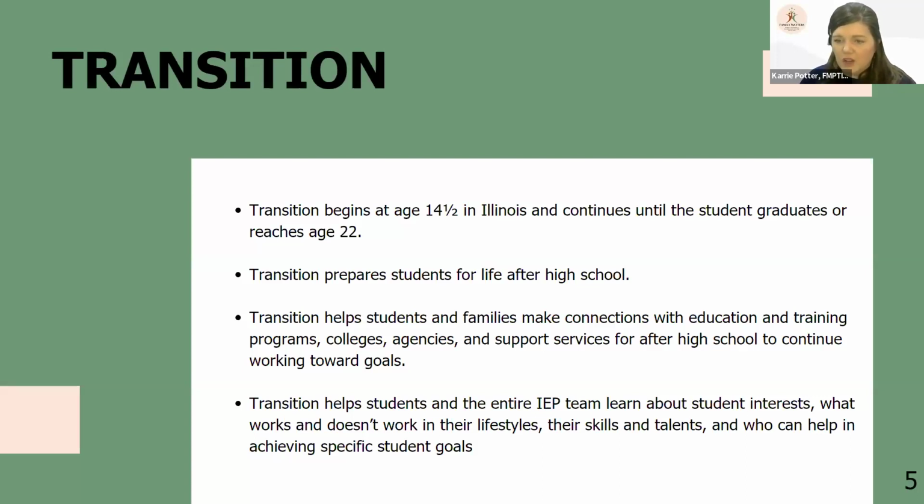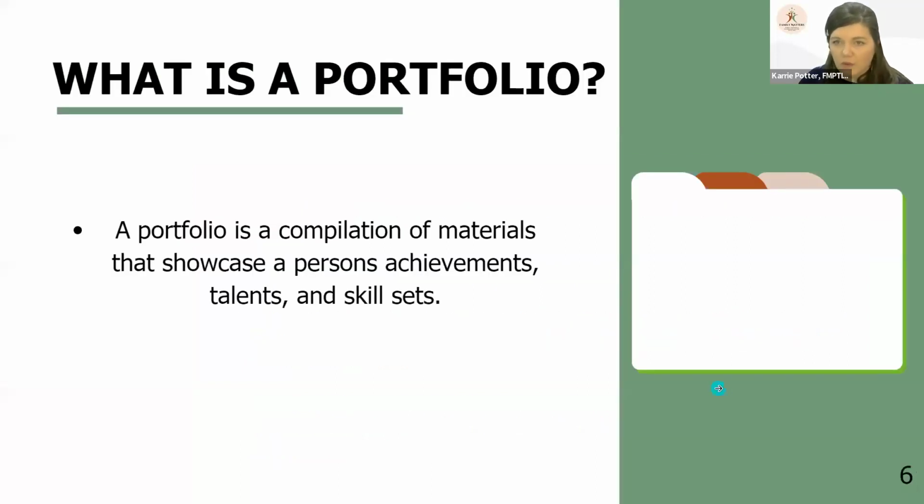So transition should really focus on that student, their individual needs, figuring out what they're interested in, why they're interested in that, what steps they can take towards achieving those goals. So, you have, it feels like, 4 years in high school, but it goes by quick. So you really want to use those 4 years to prepare for adult life. And some students have more than 4 years in high school.